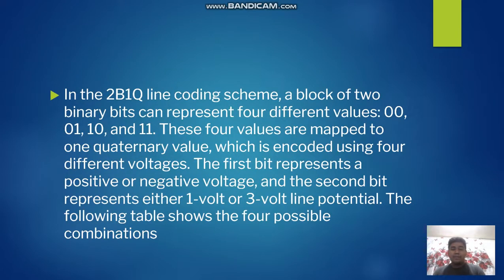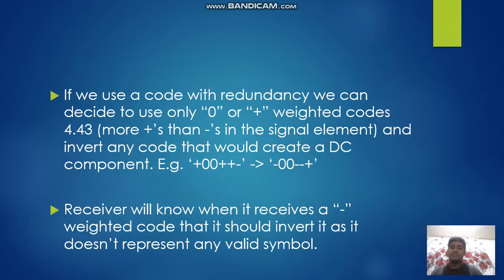In the 2B1Q line coding scheme, a block of two binary bits can represent four different values: 00, 01, 10, and 11. These four values are mapped to one quaternary value, which is encoded using four different voltages. The first bit represents a positive or negative voltage, and the second bit represents either 1 volt or 3 volt line potential. The following table shows the four possible combinations.